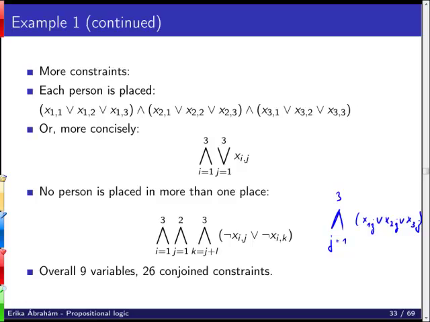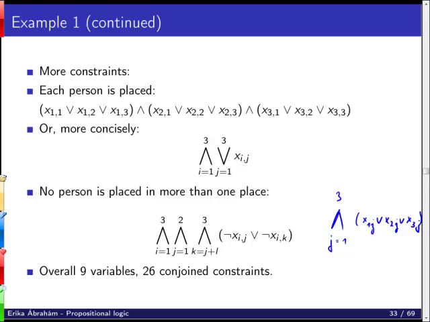But still, what about that person in one place, for example, if x1J and x2J are true? Yeah, if they are both true, so the persons 1 and 2 sit at the J's place, then the problem is that you say here that each person is placed.